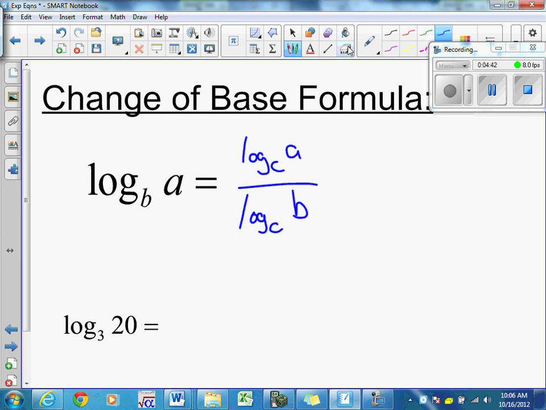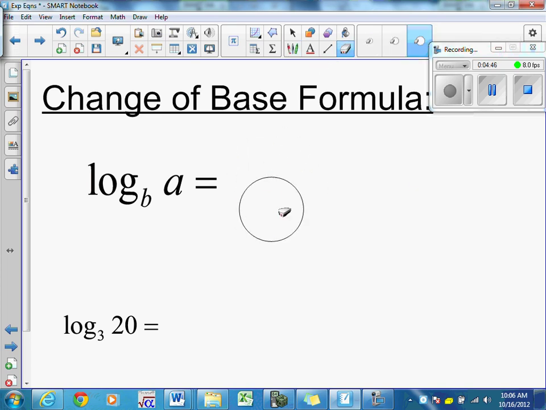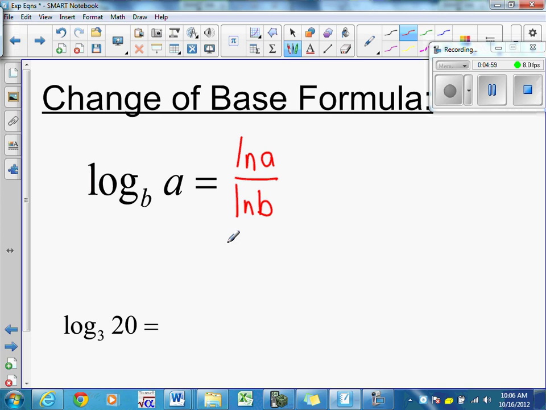Now, if we can write this to any base we want, I'm not going to want to use base 2. I'm not going to want to use base 7. I'm going to use a base that's on my calculator. So I can write this as the natural log of a over the natural log of b. So log base b of a, I can write natural log of a over natural log of b.